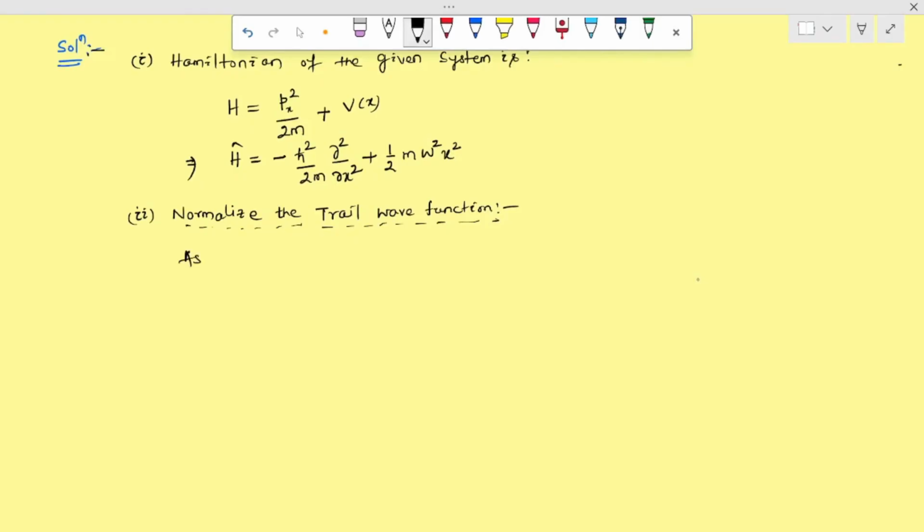As per the normalization condition, what we know is that the inner product of psi should be 1. That means integral from minus infinity to plus infinity, as it is one dimensional, psi star psi dx should be 1.